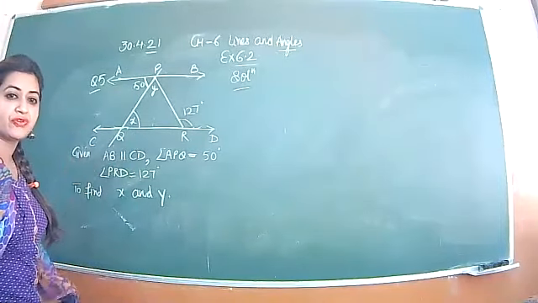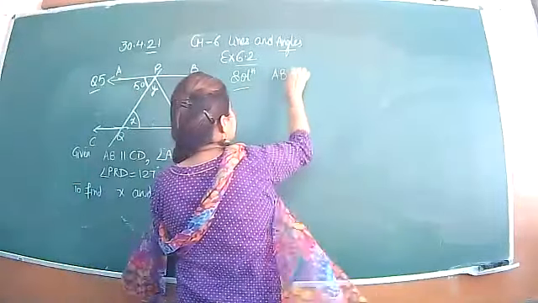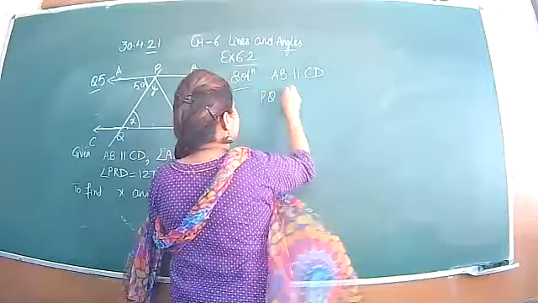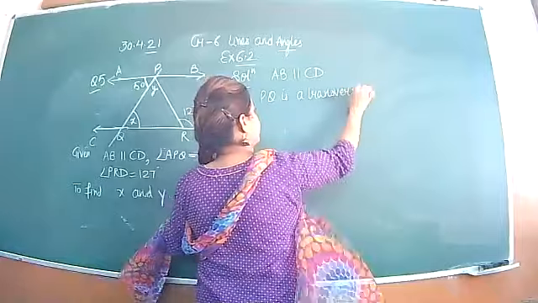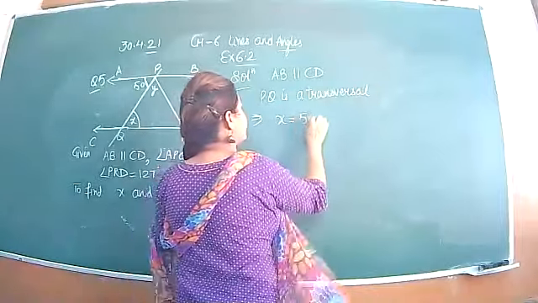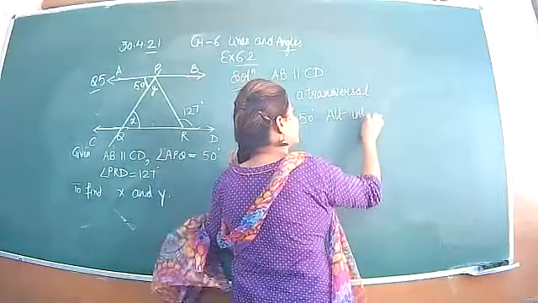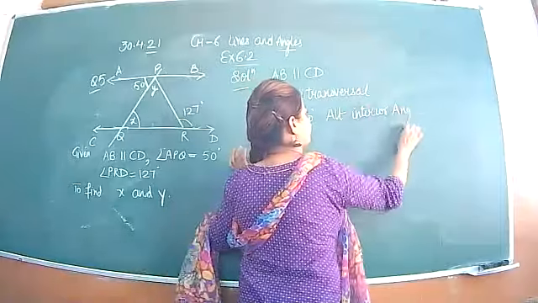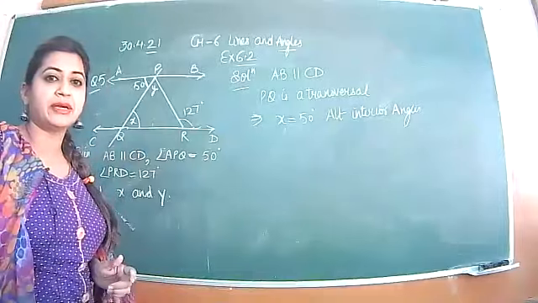Angle X is equal to 50, that is alternate interior angle. So you will write here AB is parallel to CD, PQ is a transversal. So this implies angle X is equal to 50 degrees, alternate interior angle. Is it okay? Is it clear, beta?